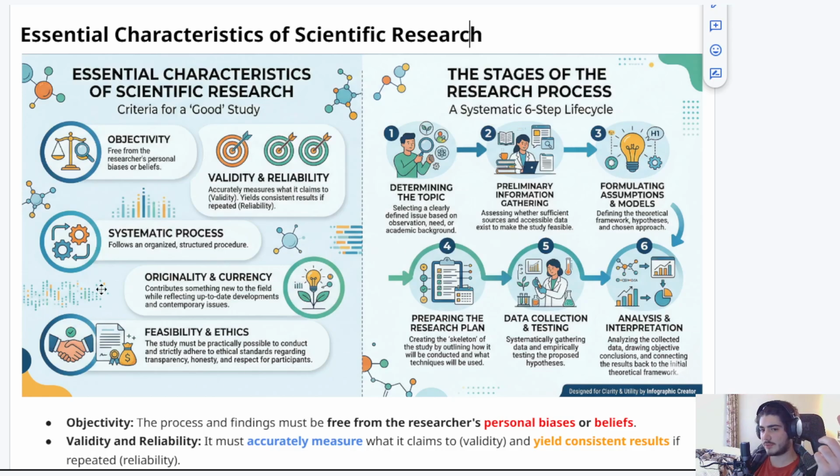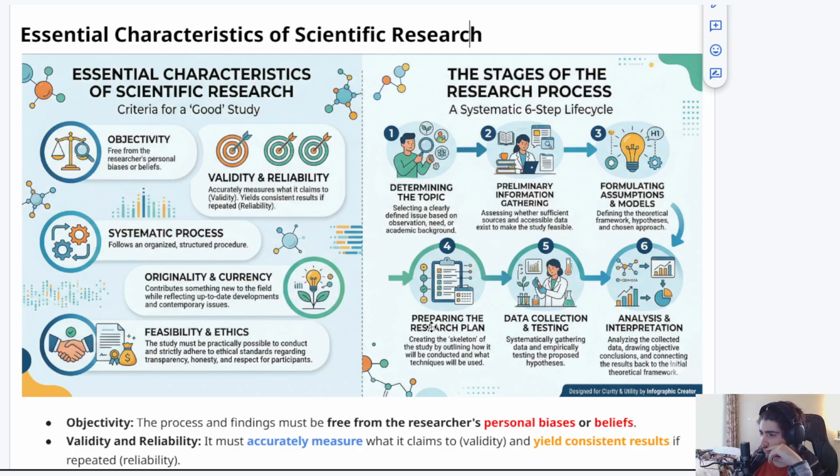We're trying to see the feasibility of our study. Now, in the third step, we formulate assumptions and models. We define the theoretical framework, hypotheses, and chosen approach. It's basically saying, okay, I can do this research by doing this, and this, and I think something is gonna happen like this. You throw out your ideas into the open.